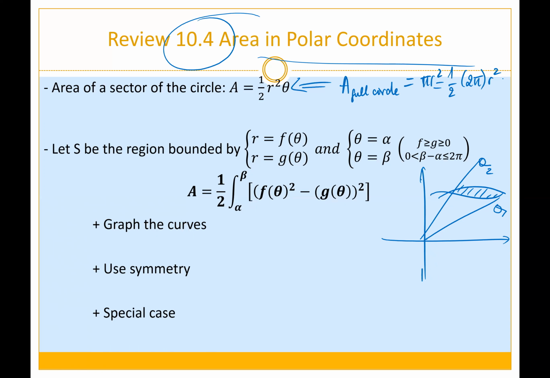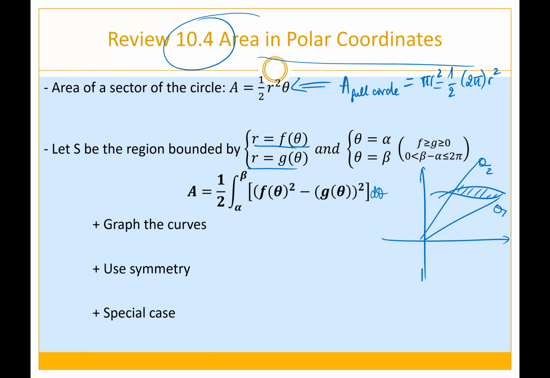Now, if you have a region bounded by r equals f theta and r equals g theta, like these two curves, and it's bounded by theta 1 and theta 2, or alpha and beta, then the area of that region is going to be half of the integral from alpha to beta of f squared minus g squared d theta.